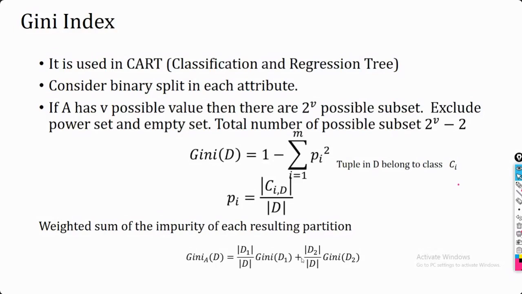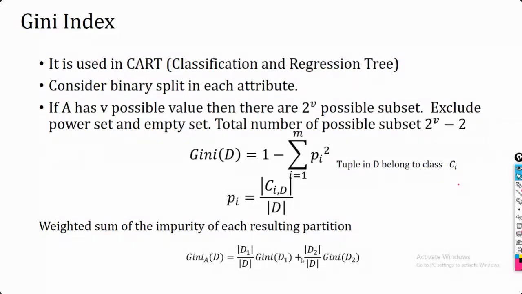Here we are going to use this Gini index in order to quantify the performance with respect to particularly selected attributes. The main thing in the Gini index is that it divides your node into two parts.